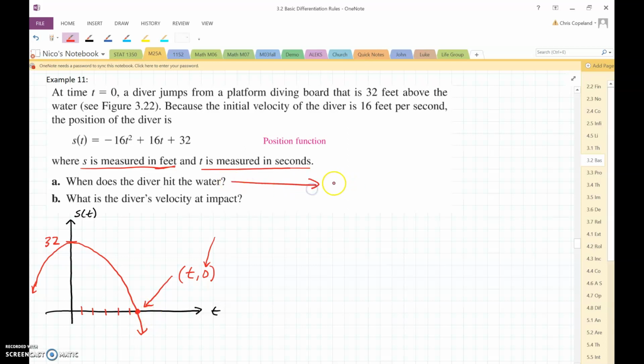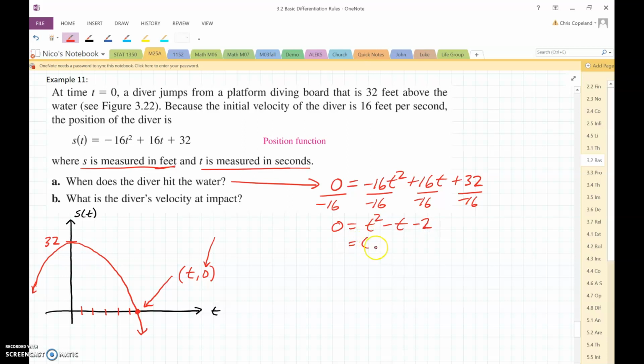So for part A, you're going to do 0 equals negative 16t squared plus 16t plus 32. And what you can do is divide each of these by negative 16, since there's a 0 over here, and this would still be 0 equals t squared minus 1t minus 2.